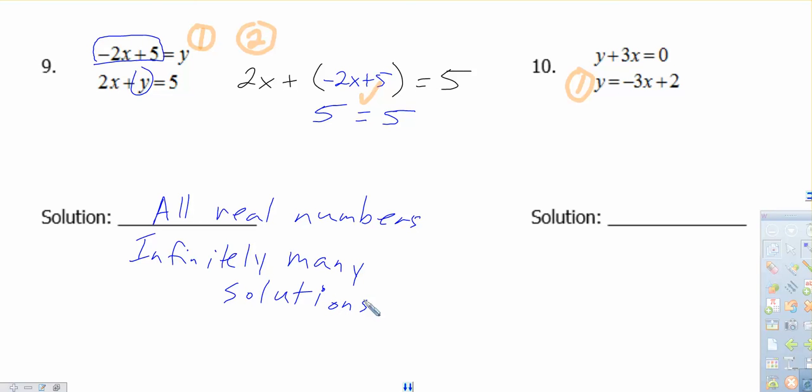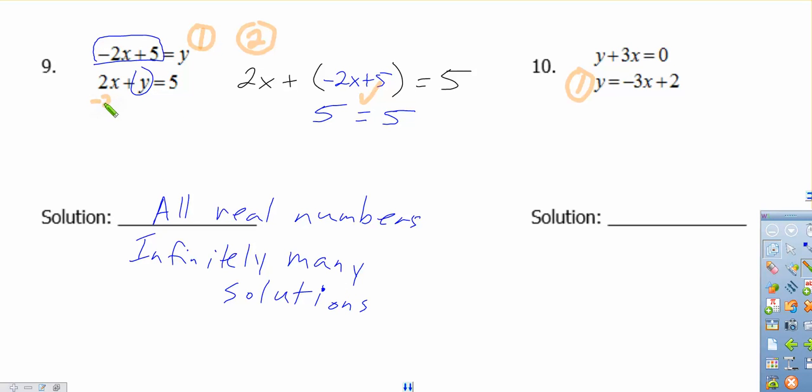Okay. Which means any ordered pair you plug in will make both of these equations true. Any ordered pair will work. And the reason that's the case is that these are actually the same equation. If you solve this one for y, let me just go ahead and do that.